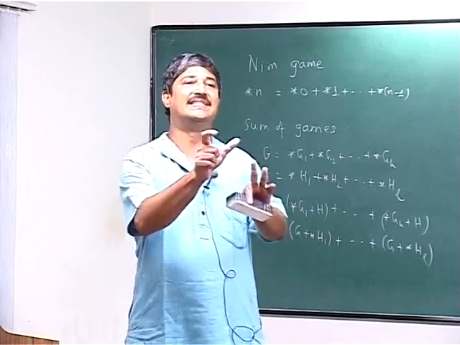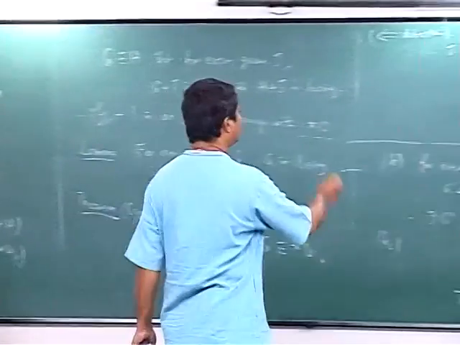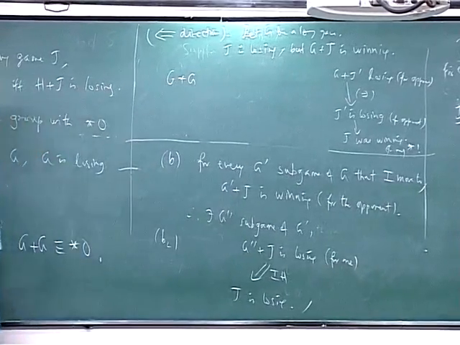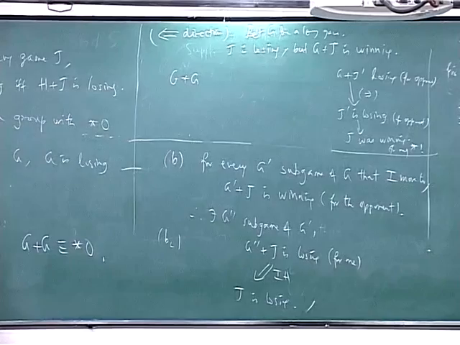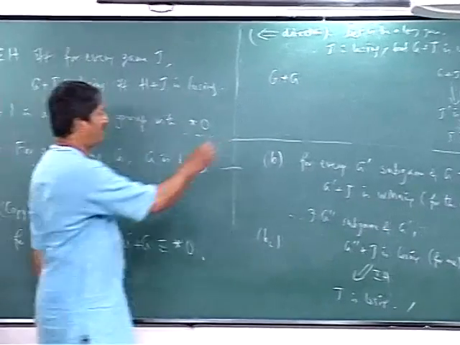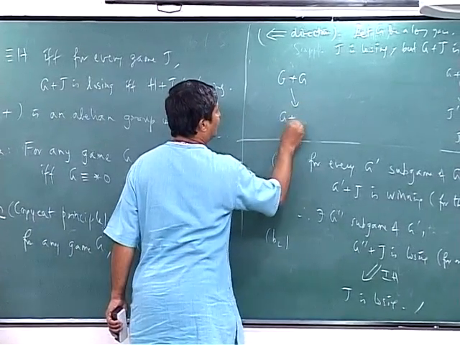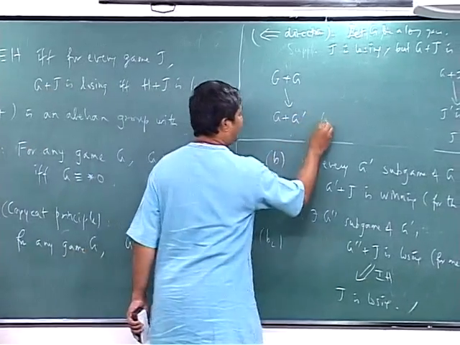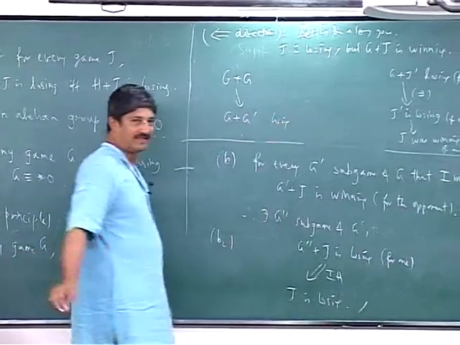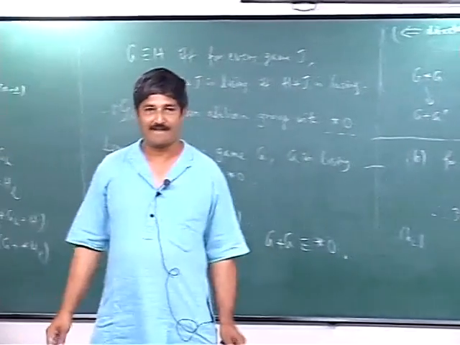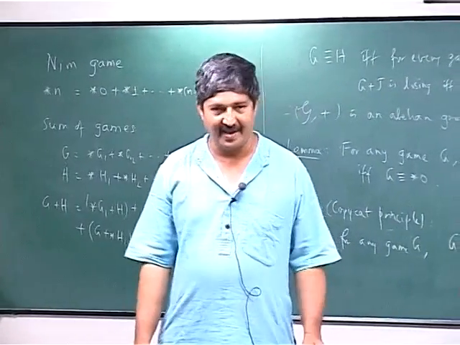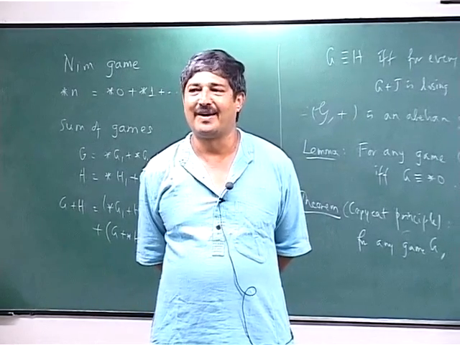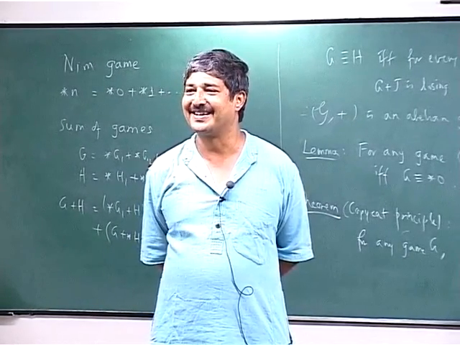Look at the game G plus G. What are the possibilities? If G plus G is winning, that means I can move to a subgame G plus G prime, which is losing. I called it copycat principle, so you should also.